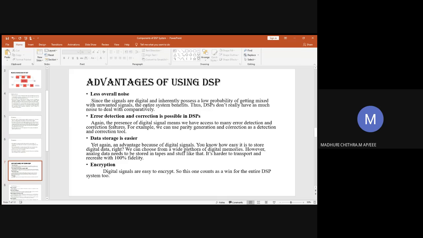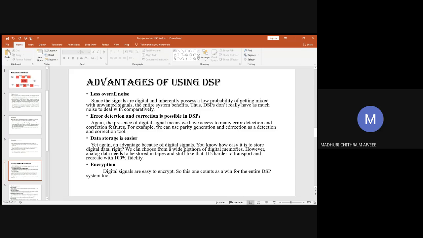Since the signals are digital and inherently possess a low probability of getting mixed with unwanted signals, the entire system benefits. So DSP does not really have much noise to deal with comparatively.